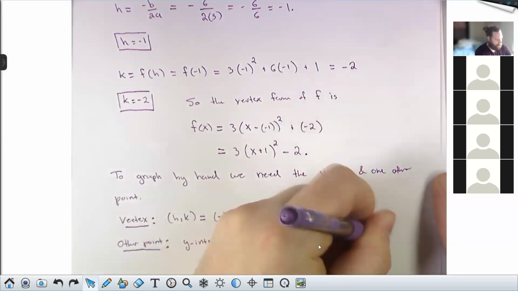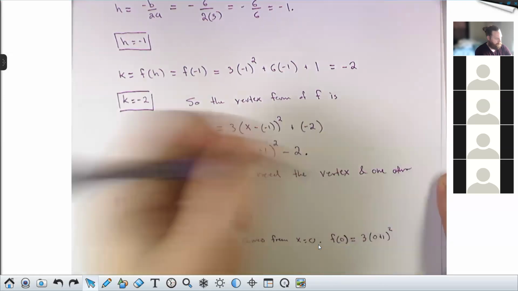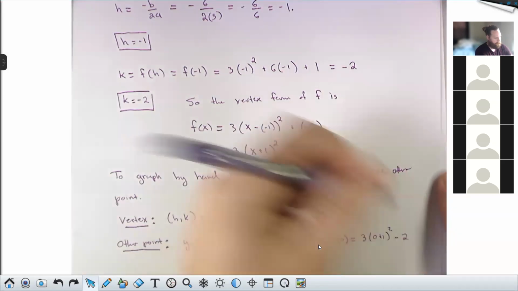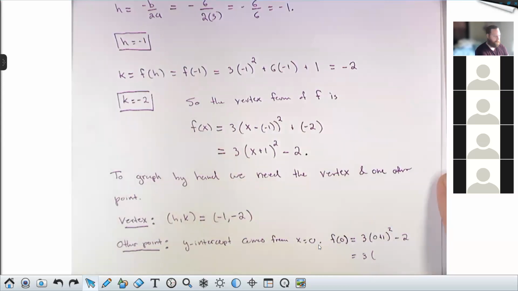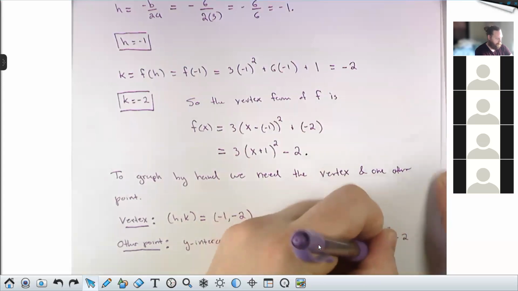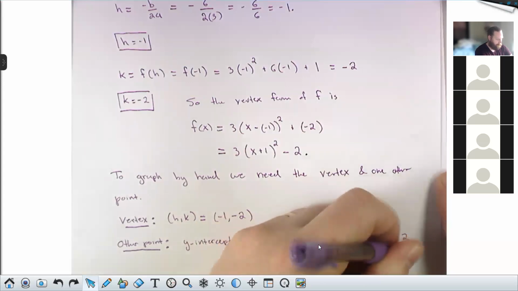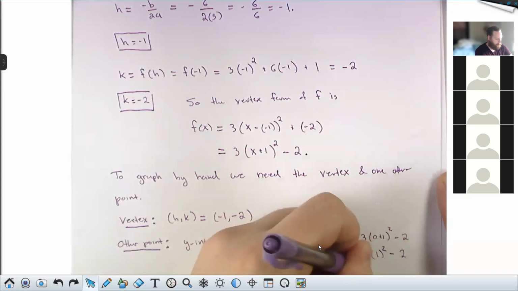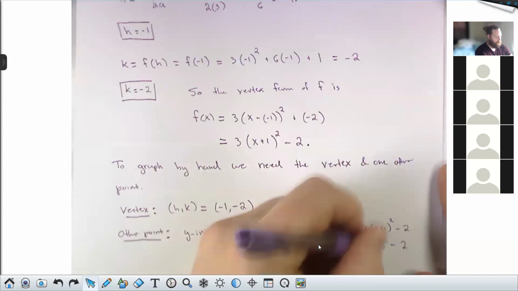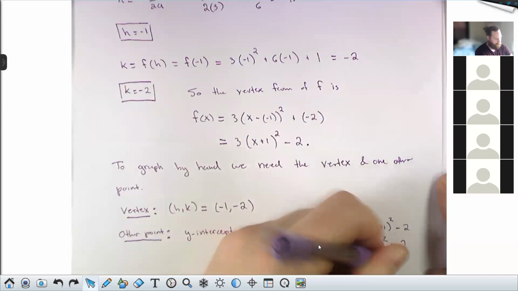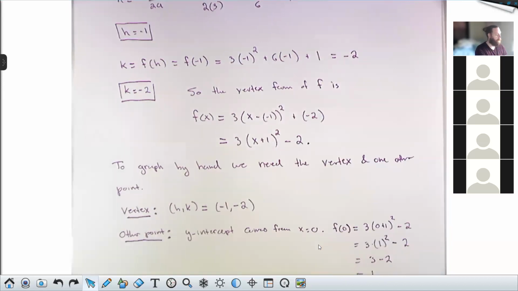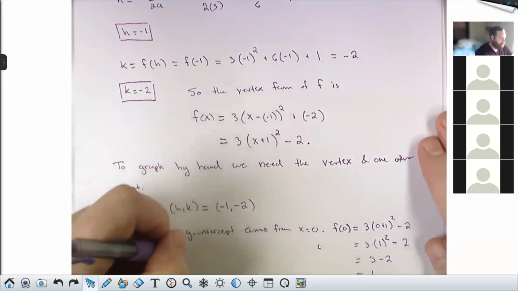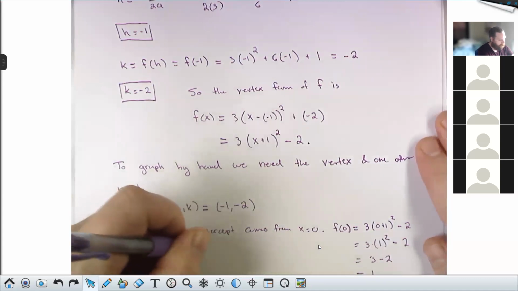That's 3 times 0 plus 1 squared minus 2. Follow your order of operations. First, work inside the parentheses. 0 plus 1 is 1. So that's 3 times 1 squared minus 2. 1 squared is 1, 3 times 1 is 3. So this is 3 minus 2, which is 1. So that y-intercept, that other point, is 0, 1.